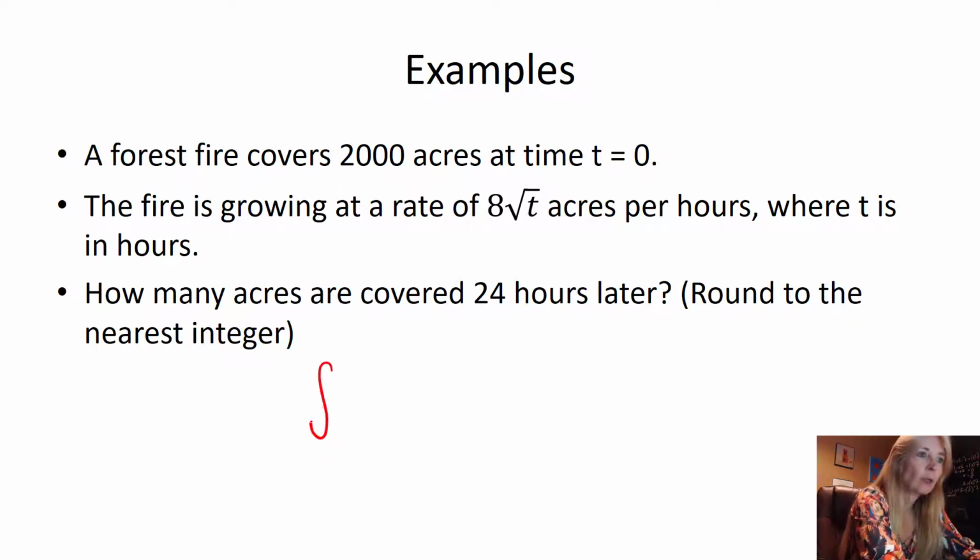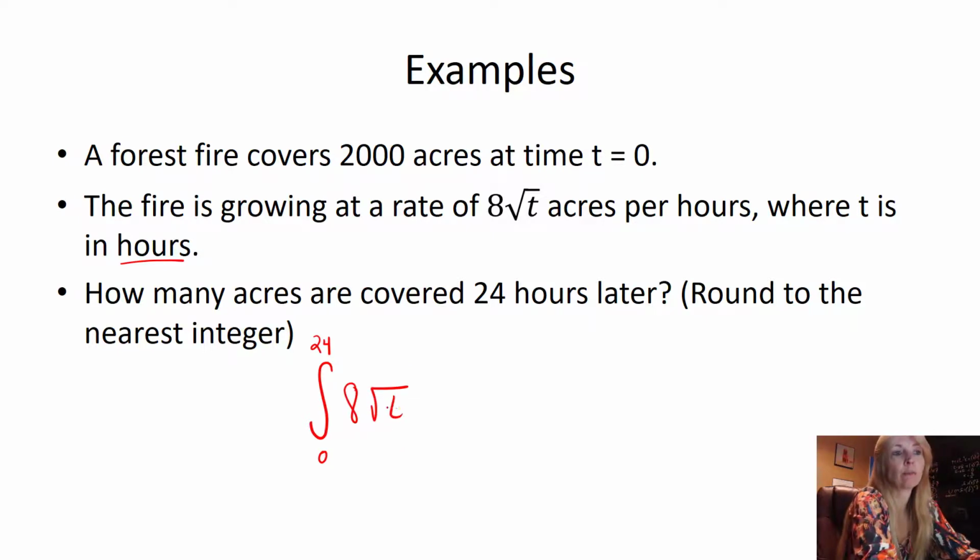So my integral here says t is in hours. How many acres are covered 24 hours later? So it would be from 0 to 24 of my rate, which is 8 square roots of t times the change in t. So remember, that's my height times the width.